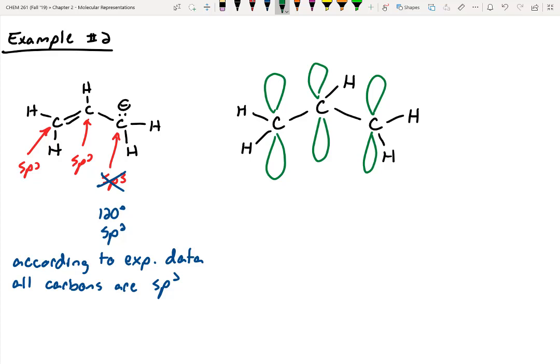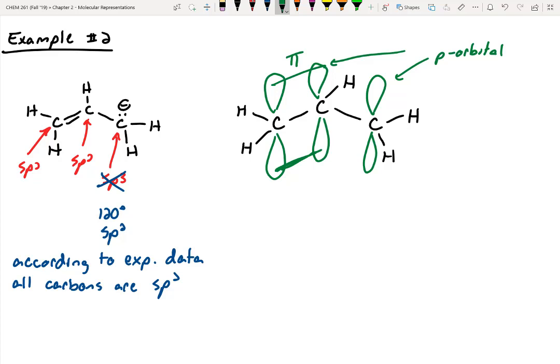So all of these must be p orbitals. Okay, as I have it drawn, we know in the original Lewis structure, we have a double bond between the leftmost carbons. So we can show these as sharing electrons as a pi bond, right?